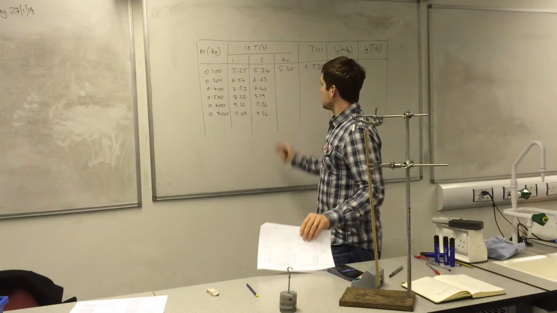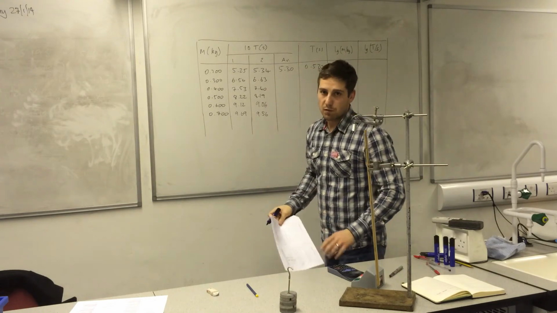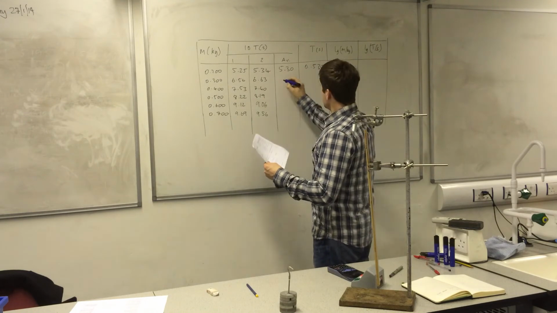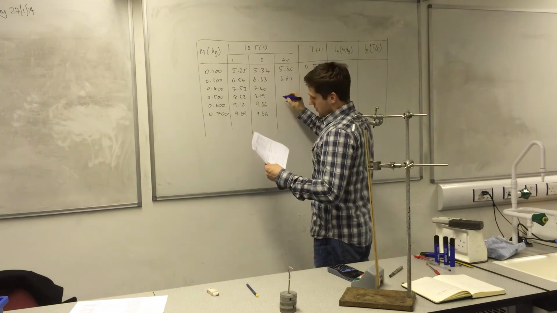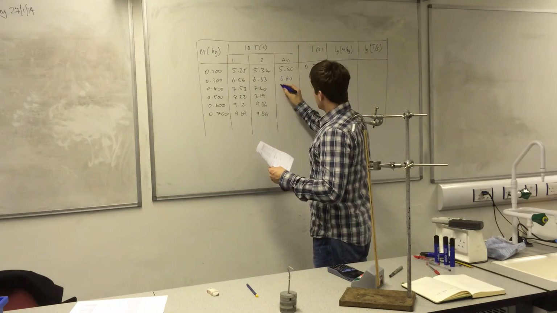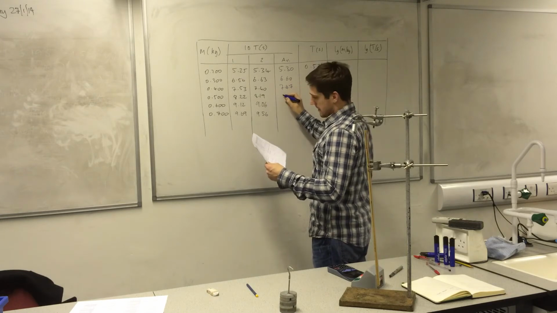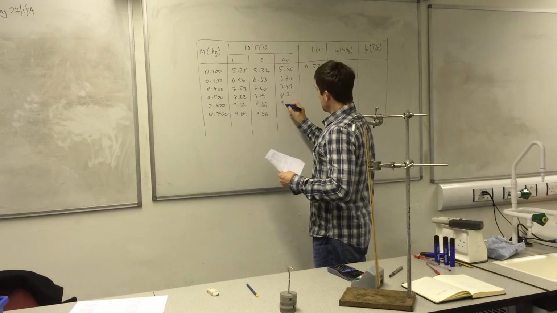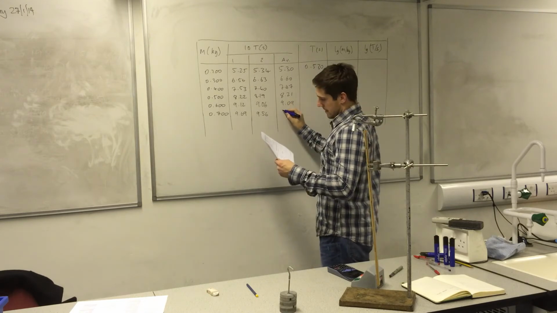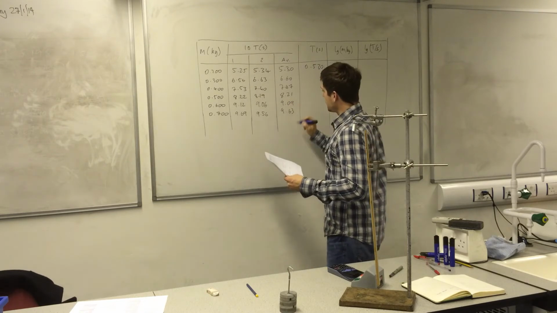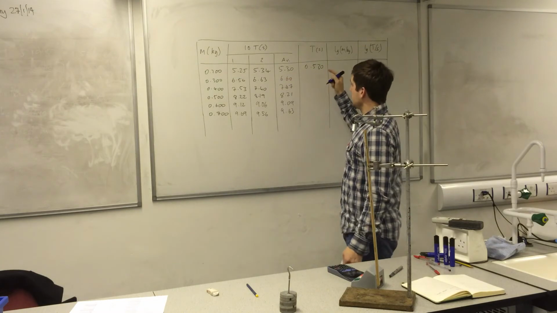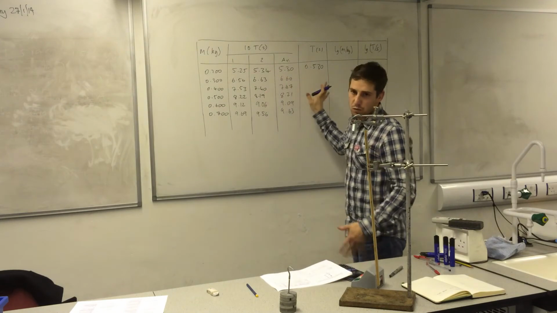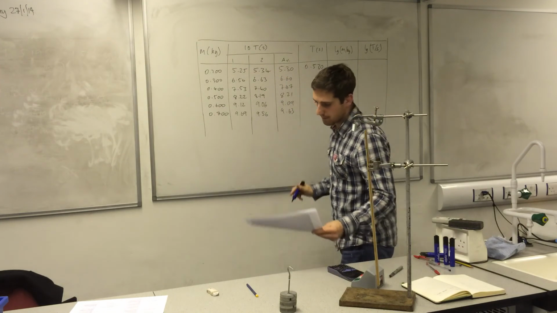So my averages, retaining the same number of decimal places as the raw because it's the average of the raw. 6.60, 7.47, 8.21, 9.63. Divide these all by 10 to get my time period, and I'm just carrying forward the significant figures here.